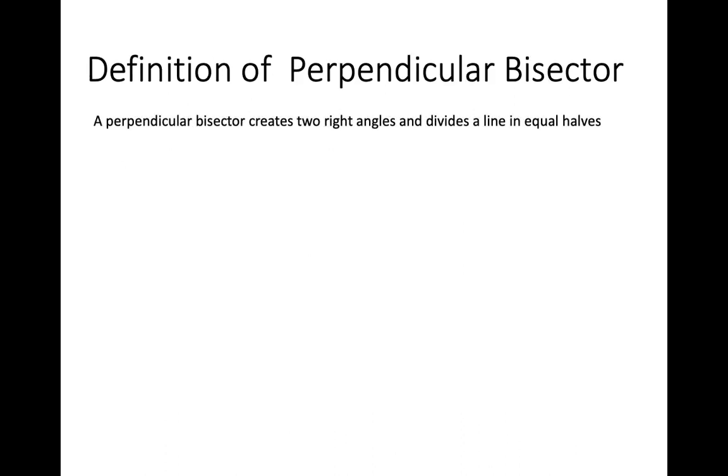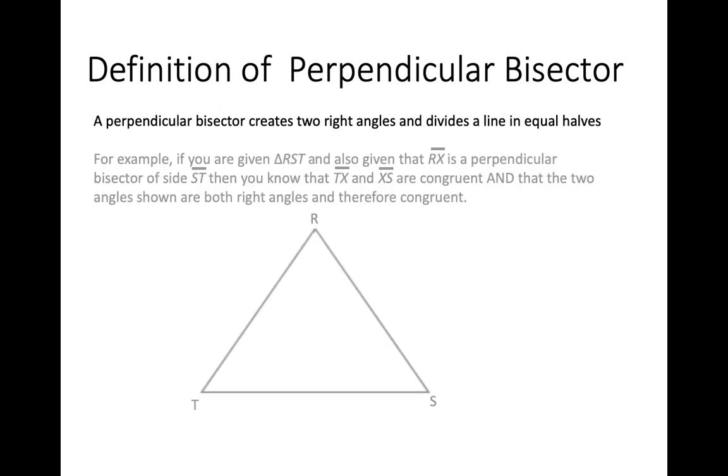The next one is similar to the definition of an angle bisector, but it is a definition of a perpendicular bisector. A perpendicular bisector creates two right angles and divides a line in equal halves.